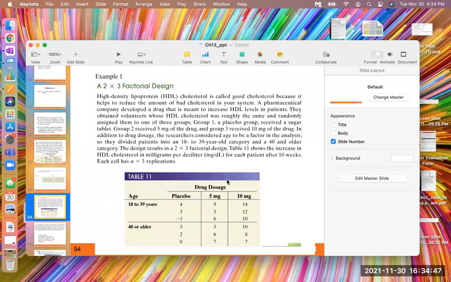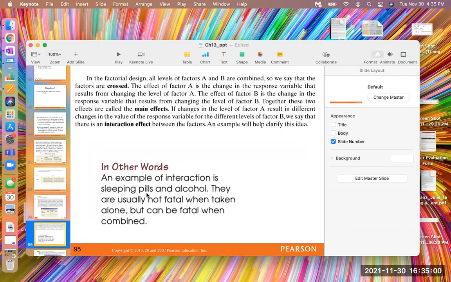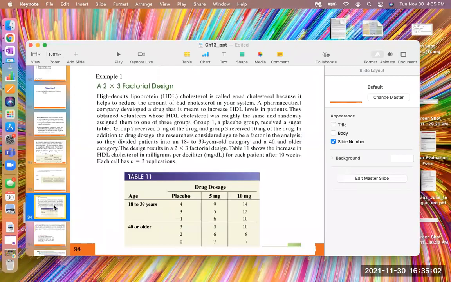Every level of factor A has data collected from every level of factor B. Now, how are we going to interpret these results?